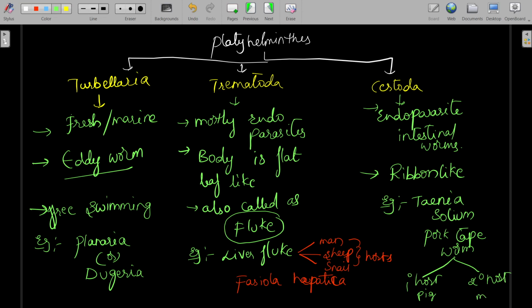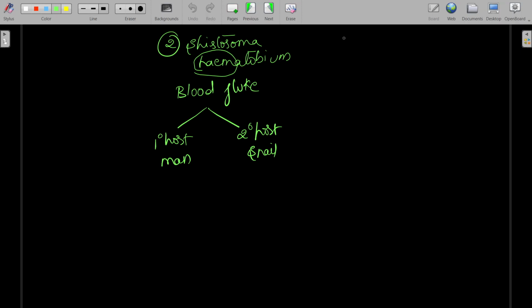The second example in Cestoda is Taenia saginata, the beef tapeworm.